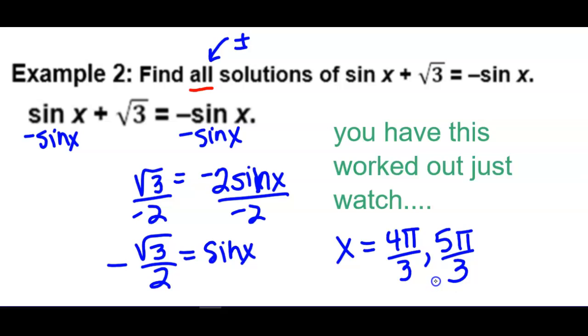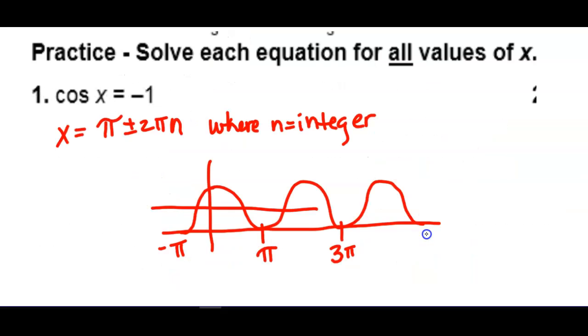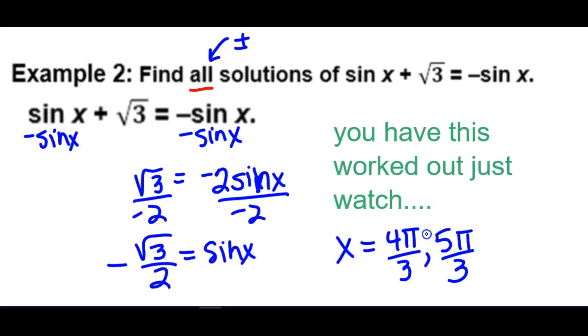Okay? Now, sine is defined everywhere, so you don't have to worry about extra solutions. I don't know if I graphed this one. Oh, I messed up though. It did say all solutions, not just between 0 and 2 pi.